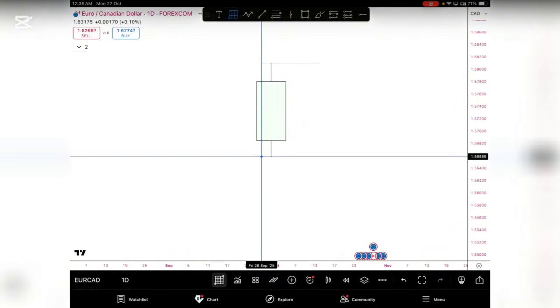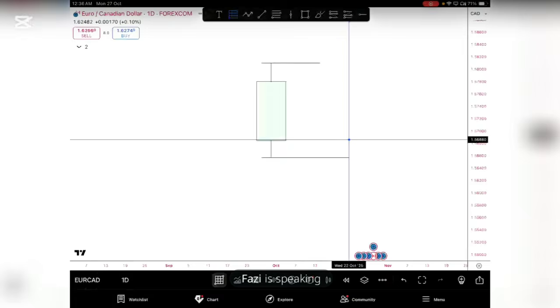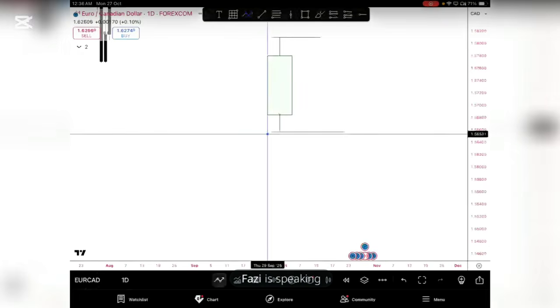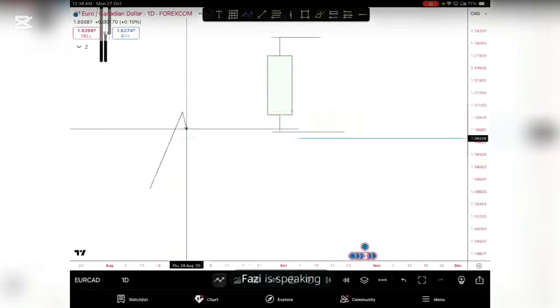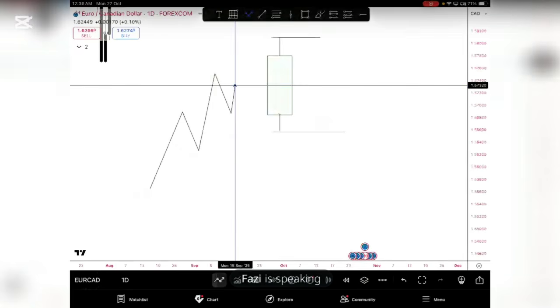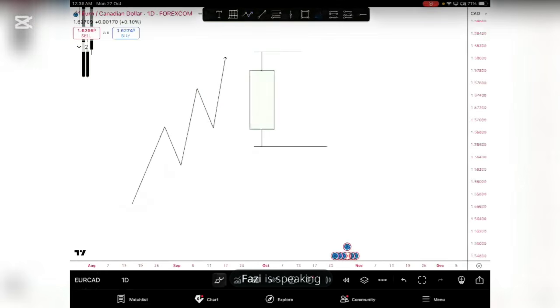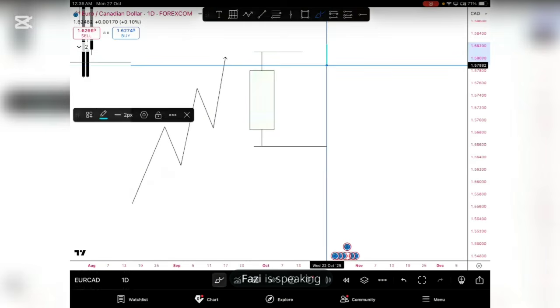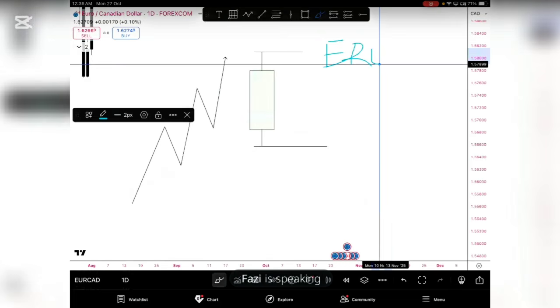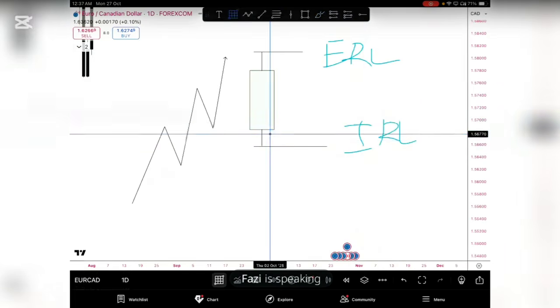You need to understand that when it is a bullish environment, the candle high we call the external range liquidity, and the candle low we call the internal range liquidity.